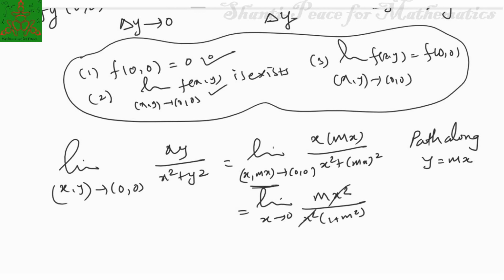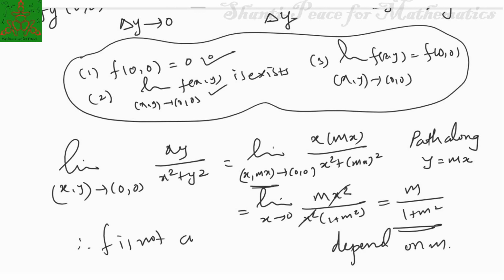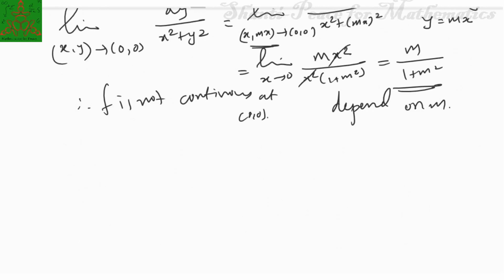This x square will get cancelled, so finally you will have m upon 1 plus m square. That means this limit depends on m, and hence the limit does not exist. Therefore f is not continuous at 0, 0.